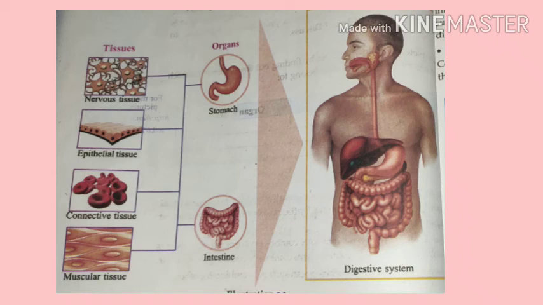A living being is said to be complex depending on the number of systems it has. A human being is a complex organism because it contains a number of organ systems. We have the digestive system, respiratory system, reproductive system. So when the number of organ systems in an organism increases, the organism is said to be complex.